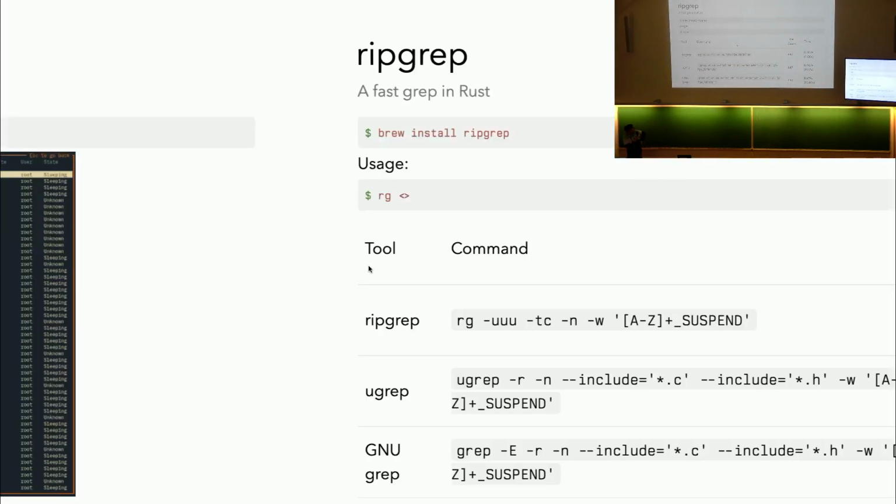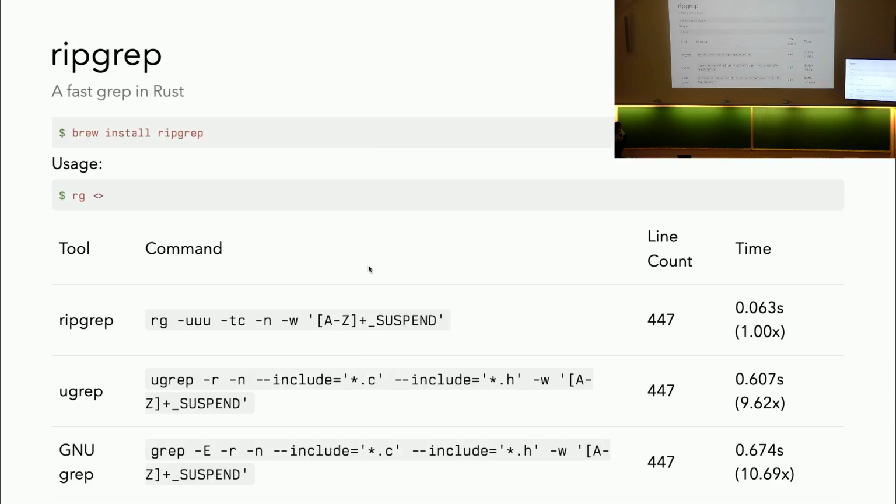Then ripgrep. That is a very important one. I use it all the time. I've aliased my grep command to be ripgrep, so I never touch grep again. It's much faster, and it's just nicer to use, and you can also use it on Windows, and it works, which is really nice.